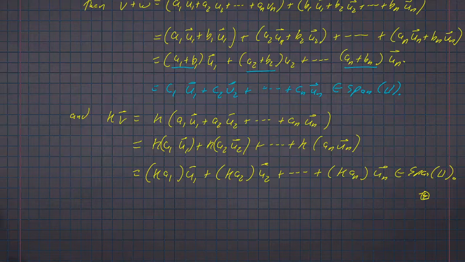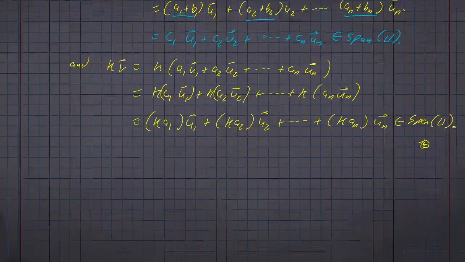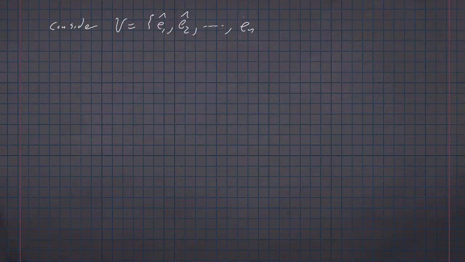All right. Let's take a look at a slightly more concrete example. I want to take a set of real vectors, and specifically the set of the unit vectors in the Euclidean space Rn. So I've got all of them in n-dimensional space.